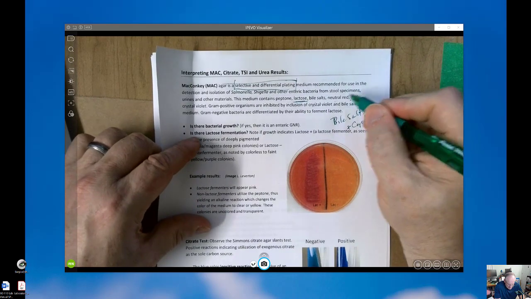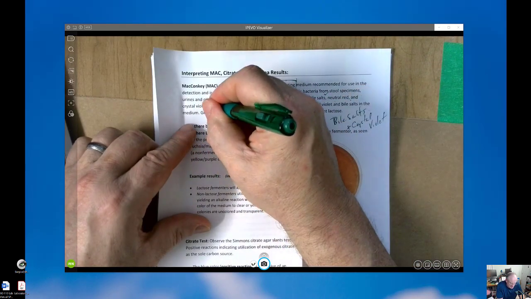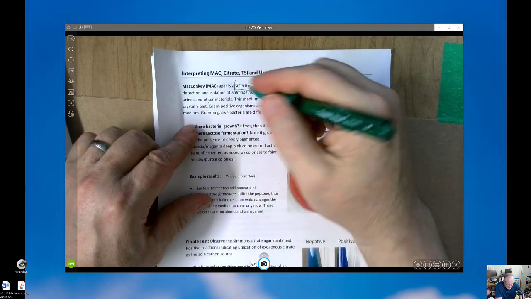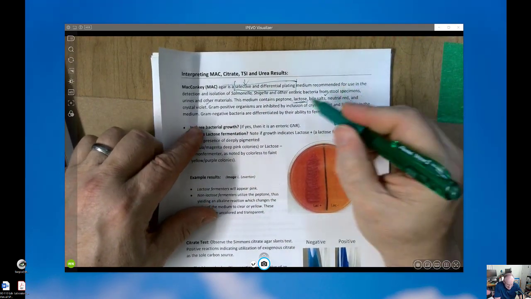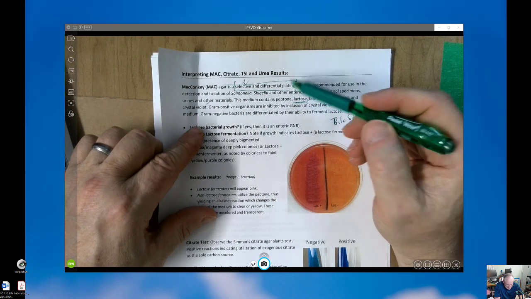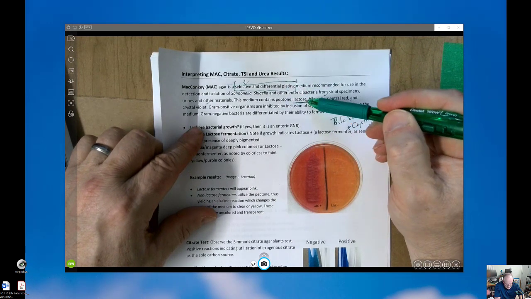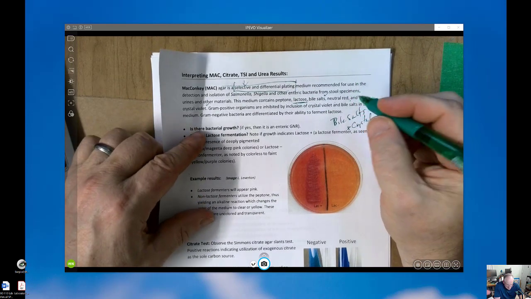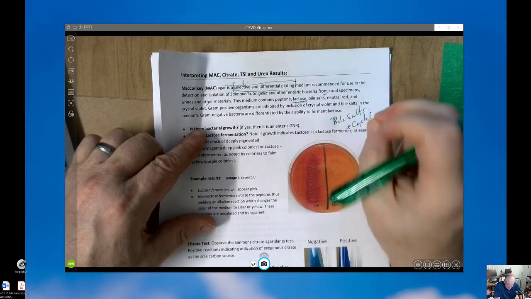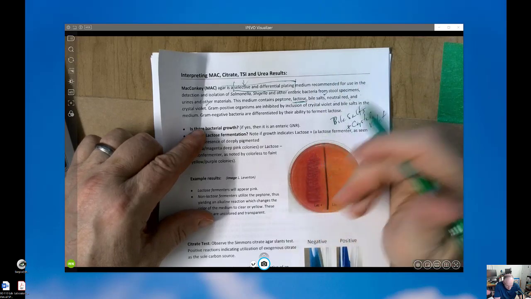Just remember, the bile salts and the crystal violet is what makes the media selective. What makes it differential, its ability to differentiate certain organisms, is its ability to break down lactose. What's unique about this one, when it does ferment lactose, the colony turns purple, not the media.